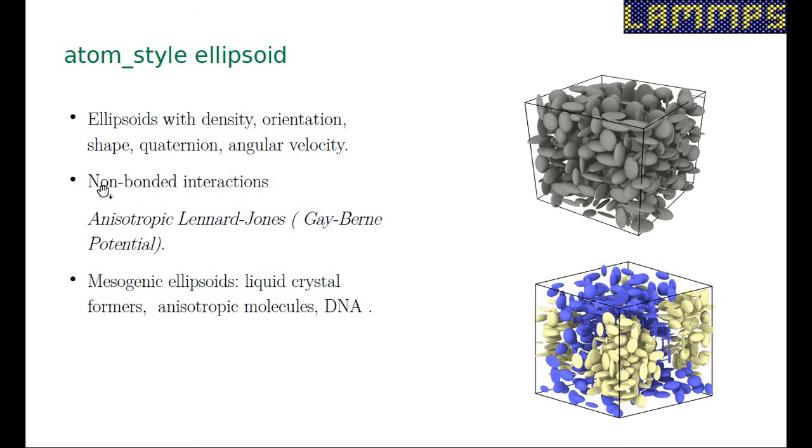For this atom style, we only have non-bonded interactions. The non-bonded interactions are introduced by using the Gay-Berne potential, which is an anisotropic version of the Lennard-Jones potential. The atom style ellipsoid is used for mesogenic ellipsoids. These are liquid crystal formers, anisotropic molecules, such as DNA.